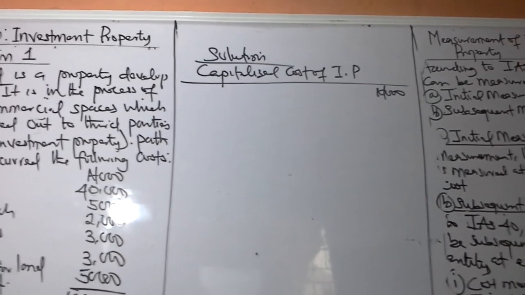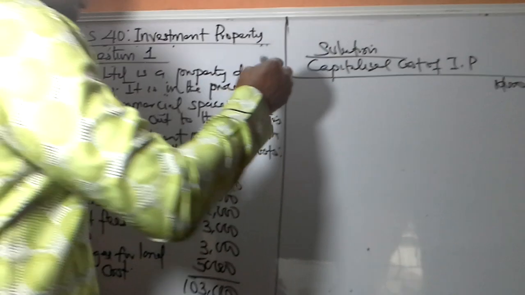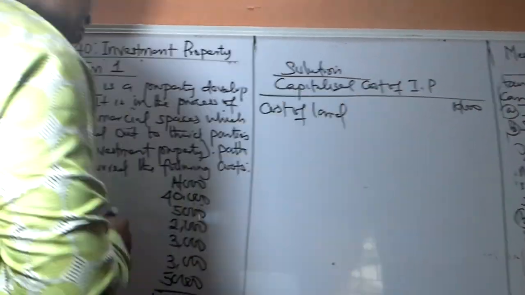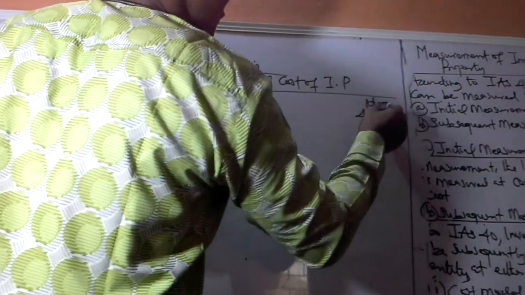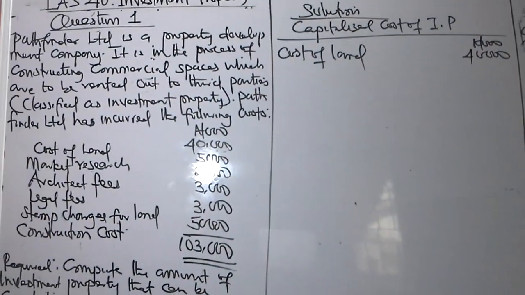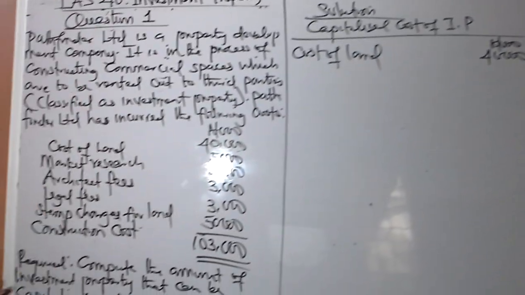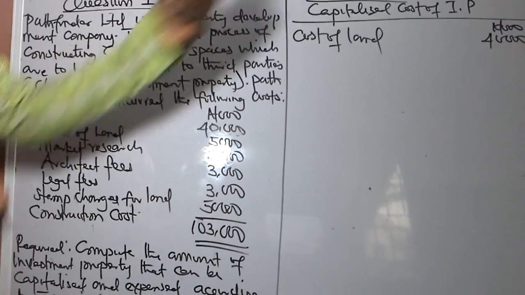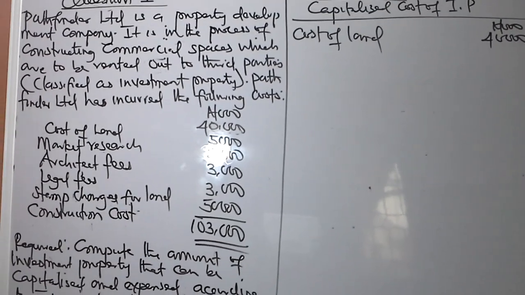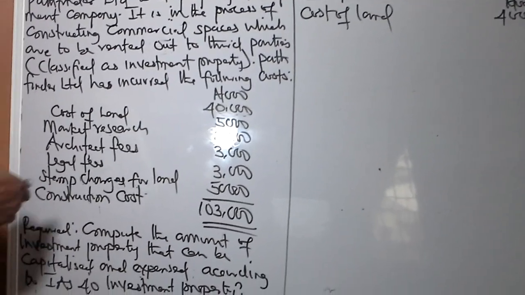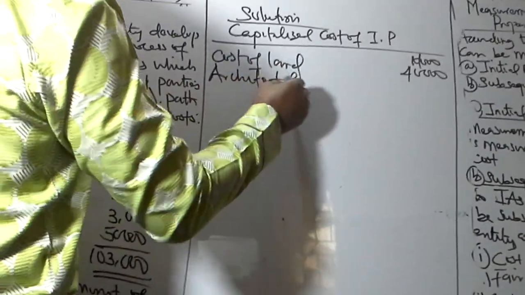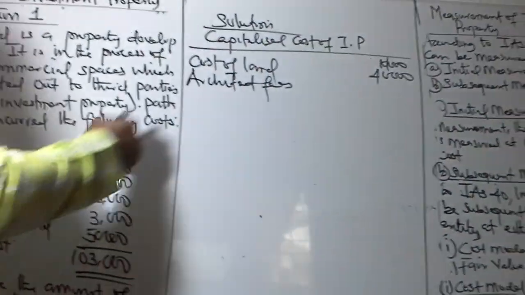One, the cost of land. The cost of land is 40 million. Next, market research. Market research is not a relevant cost, so there is nothing to capitalize for what you are researching here. Next, architect fee, that is 2 million.